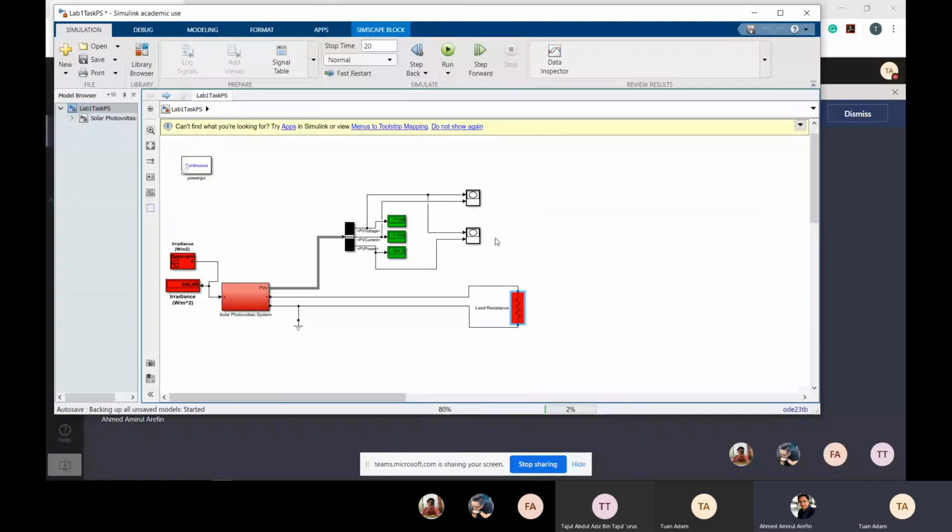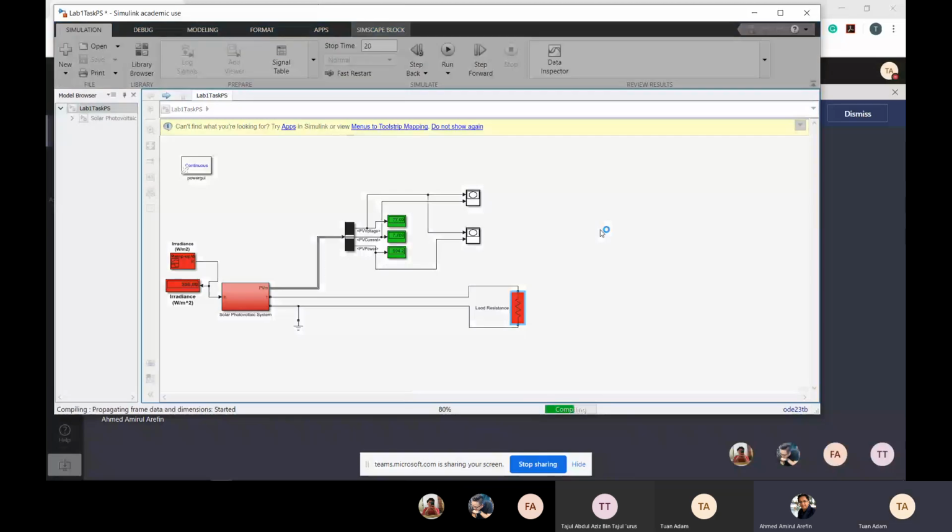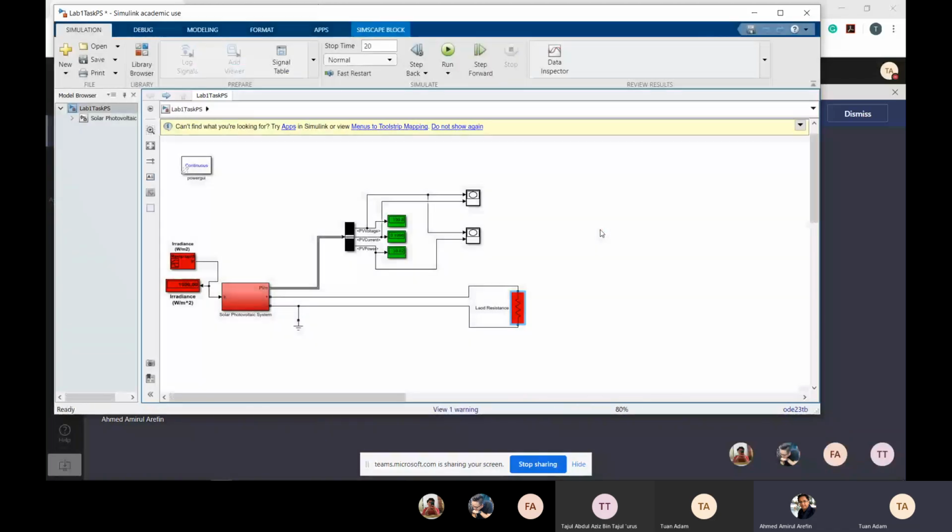Basically in open circuits, the resistance is infinity. But if you put infinity here, it will not work because it is a current oriented solar cell, so you can't put infinity. That's why we put a large number, a higher resistance. So now simulate it.